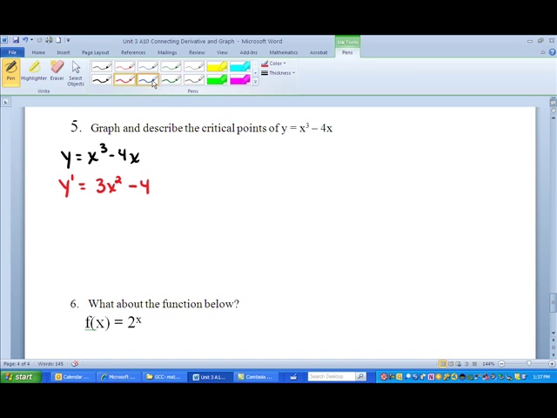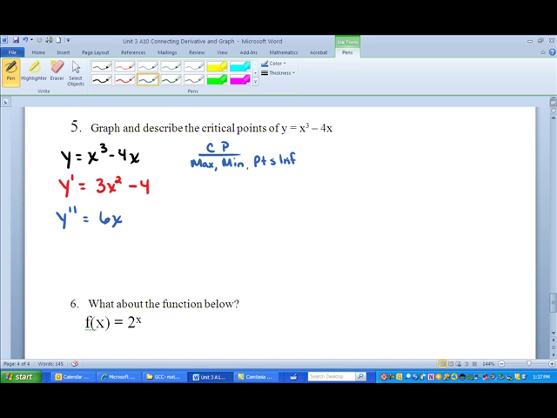And then let's also take the second derivative of that, which would be 6x. And let's take a look then at finding all of the critical points. Remember, for our critical points, we might have maximums, minimums, or points of inflection.